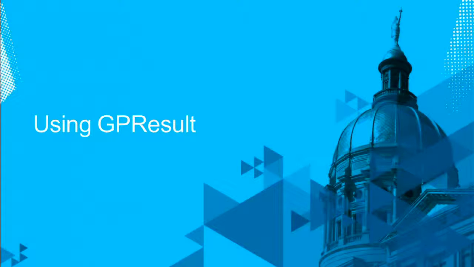This is logging that GPResult is doing, so it's just querying information differently, but it should have nothing to do with the client. Yeah, I'm assuming that everyone's running at least XP or later.